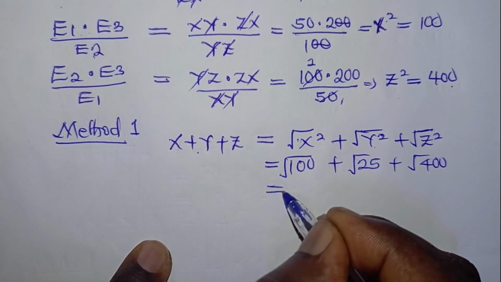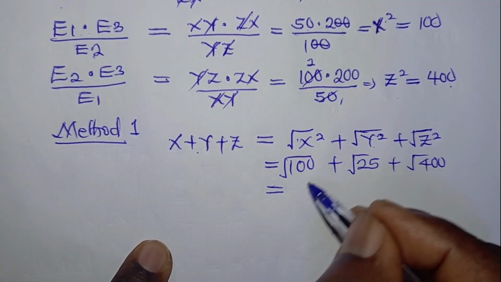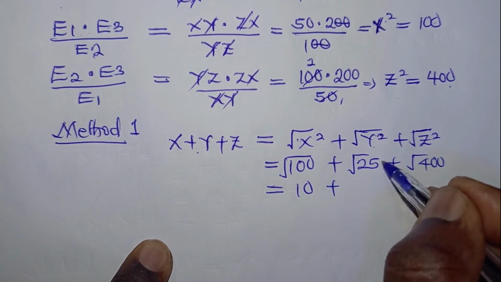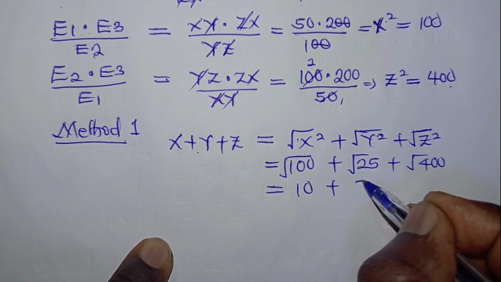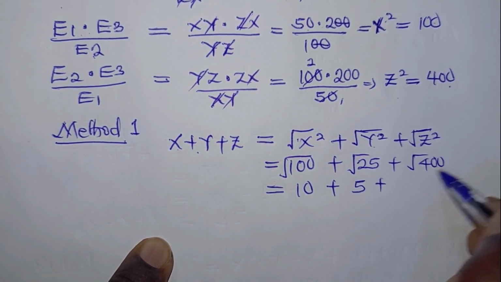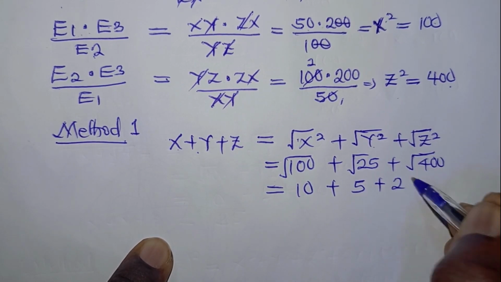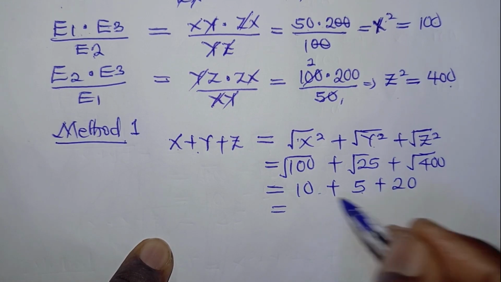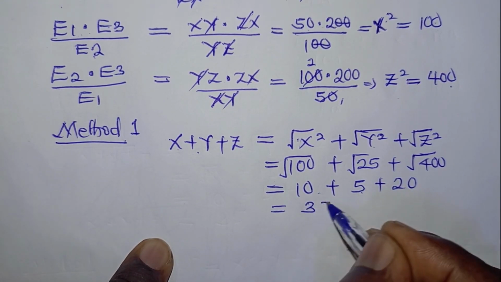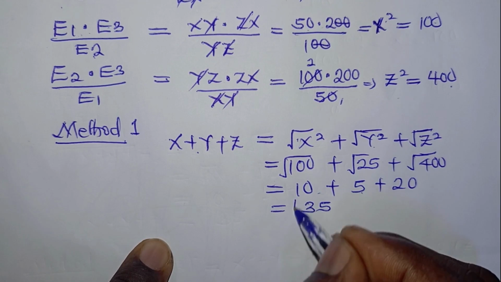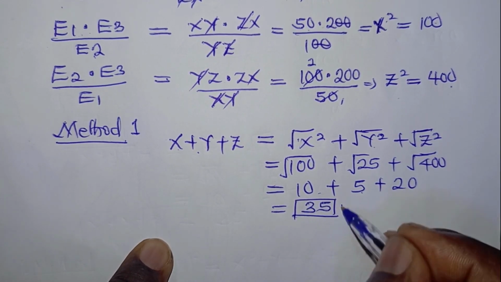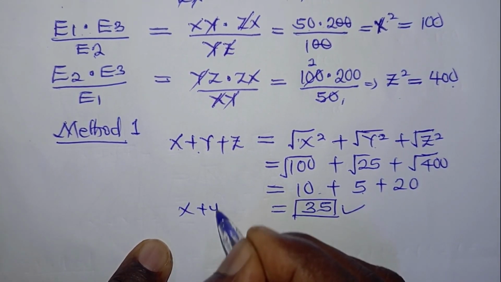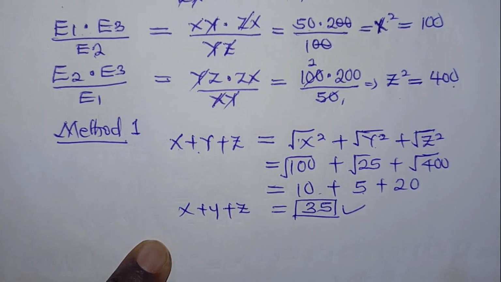The square root of 100 gives us 10, the square root of 25 gives us 5, and the square root of 400 gives us 20. So we add 20 plus 5 plus 10, and that will give us 35. So this is the sum for x plus y plus z.